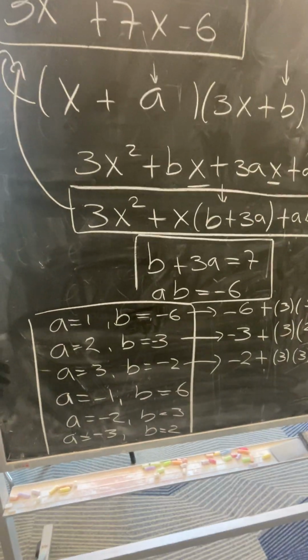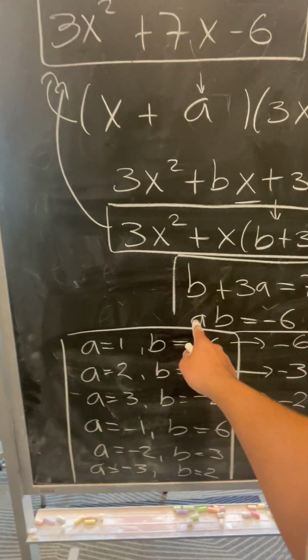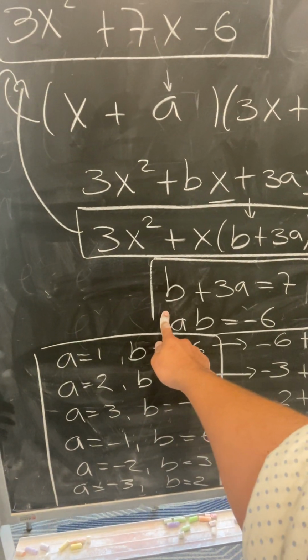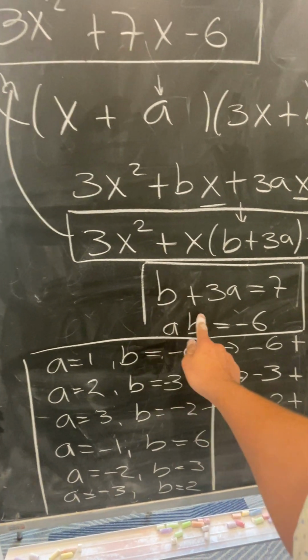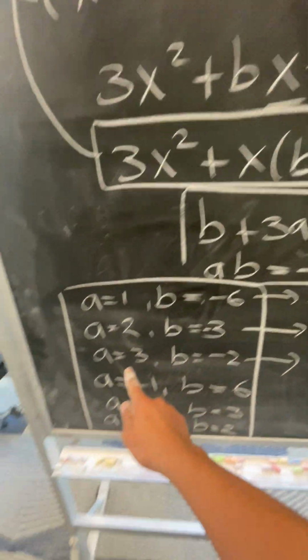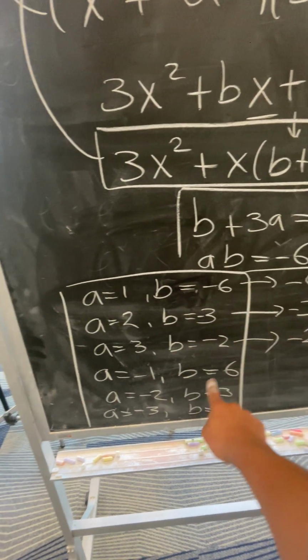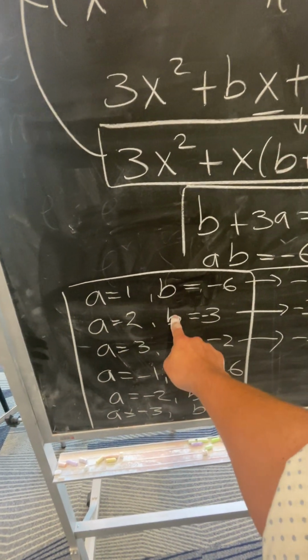So we want to find values of a and b. What can we choose for a and b to give us negative 6? We have different options. We can do a equals 1 and b equals negative 6. We can do a equals 2 and b equals negative 3.